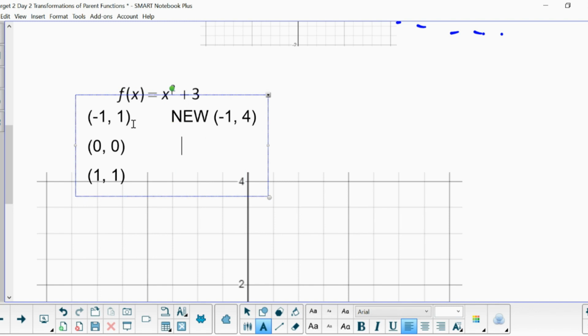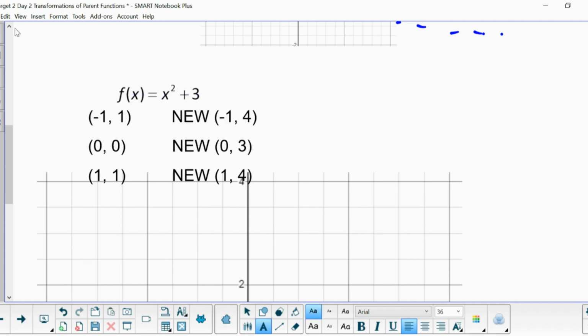And the new point here, you're going to shift up 3, so you've got 0, 3. And then the next one, you're going to add 3 onto 1 again, and you're going to have 1, 4. Sorry, I kept typing 4, so this is a 3. Okay, so everything went up 3.